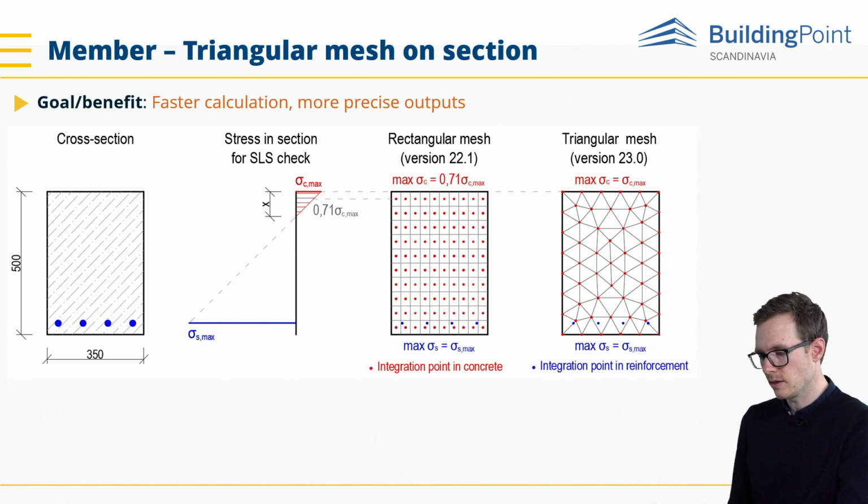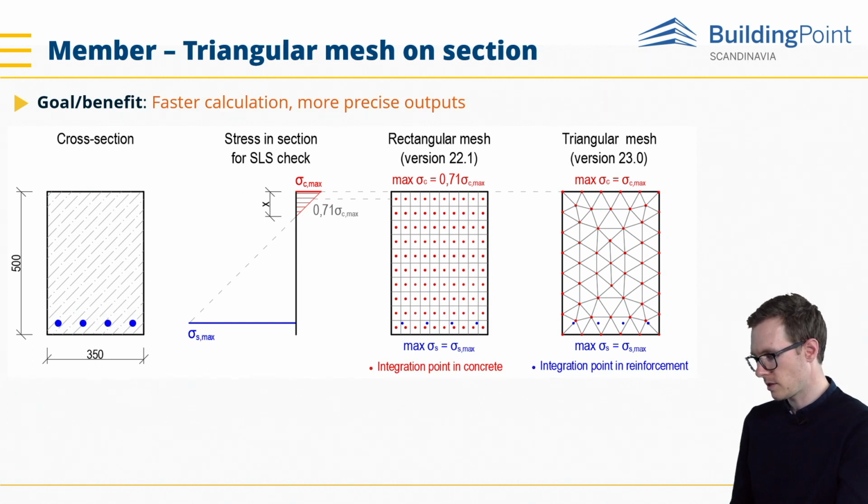Yeah, and in Member there's now a triangular mesh on section. So with version 23 there will be a triangular mesh for cross sections, and that's implemented in the Member application for concrete members. The benefit with this is that precise stresses on the area are covered.